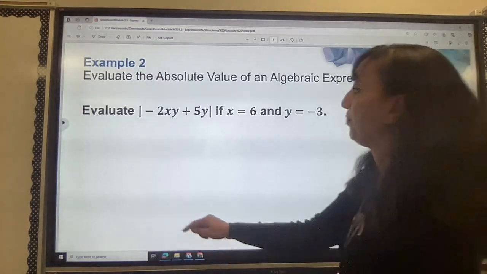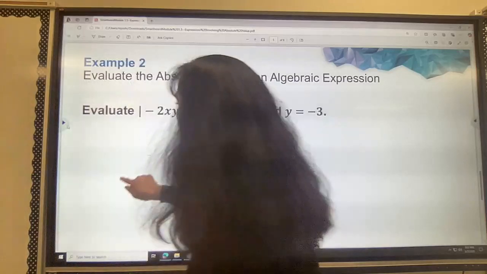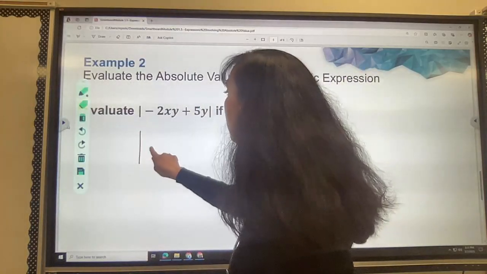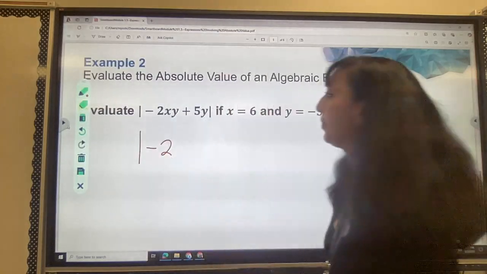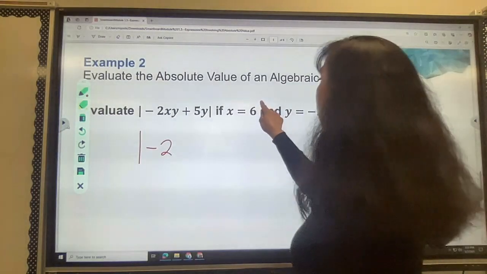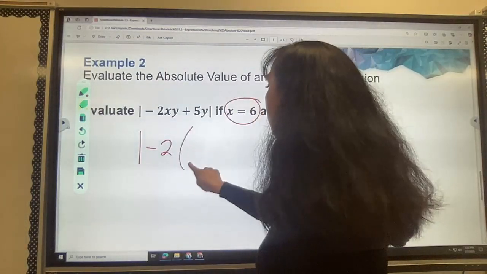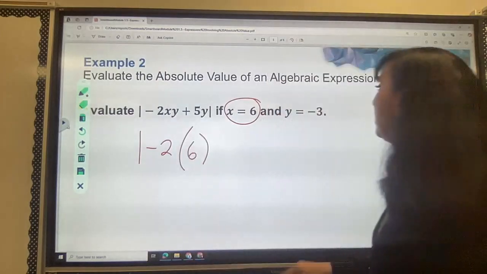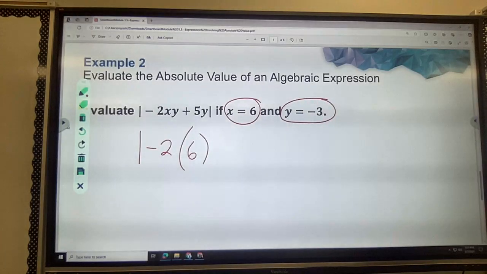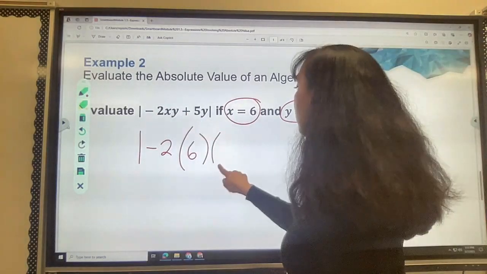So we're going to have absolute value of negative 2, and it said x is how much? X is 6. Okay, so I am going to replace x with 6 and y is negative 3, so I am going to replace the y with negative 3.